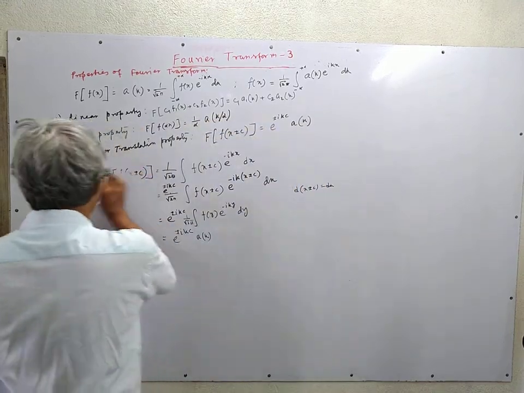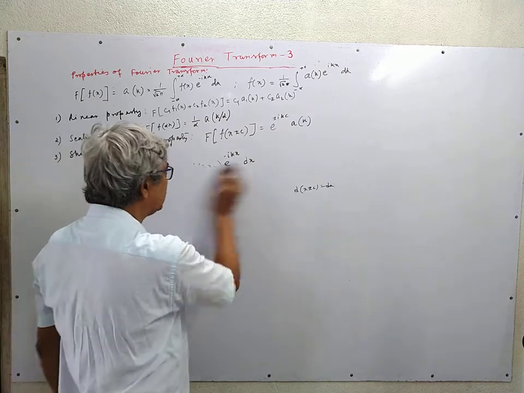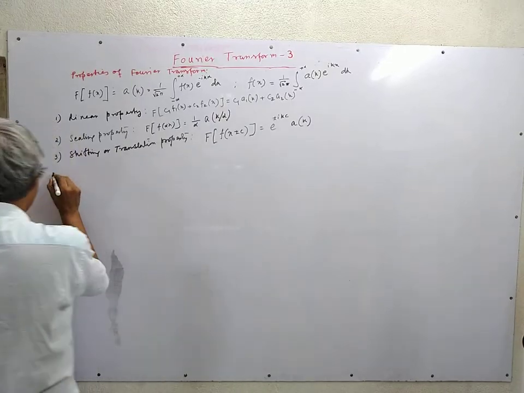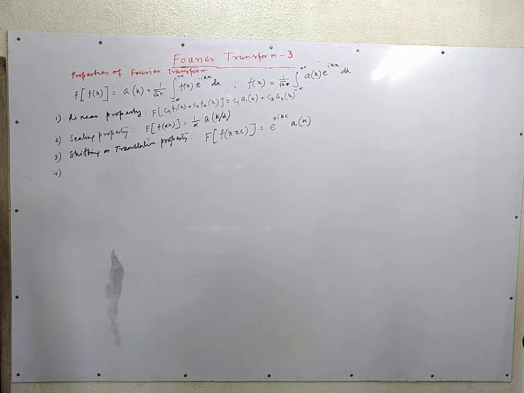Now coming to the fourth property, that is when the function is multiplied by an exponent, the exponential multiplication.